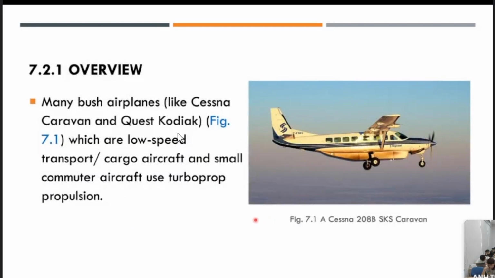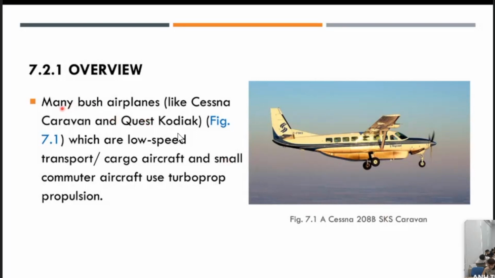Okay, so the picture shown here is basically a Cessna 208B Caravan. It's a classic aircraft having a turboprop.